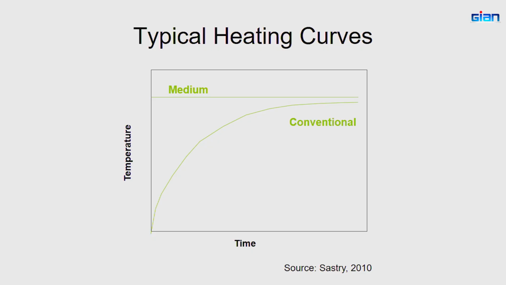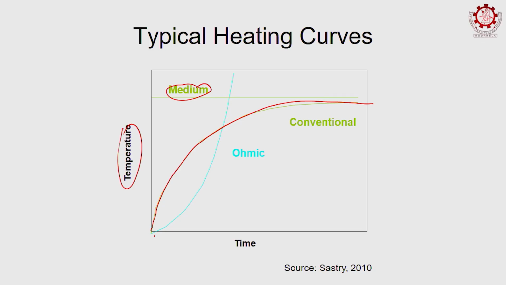When you do canning, with your heating medium, the conventional product is going to slowly increase the temperature like this. Whereas with ohmic heating, the temperature increase is slow at first, but as you increase the temperature, you increase the electrical conductivity, then you rapidly increase the heating rate, further increase the heating rate, and it quickly rises in temperature.